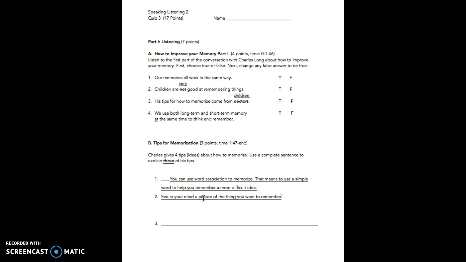So for example, he talks about if you want to remember a recipe, you should see in your mind a picture of all the ingredients. That will help you remember more than just seeing the words written, but seeing the picture of all the ingredients that you will put in your recipe.